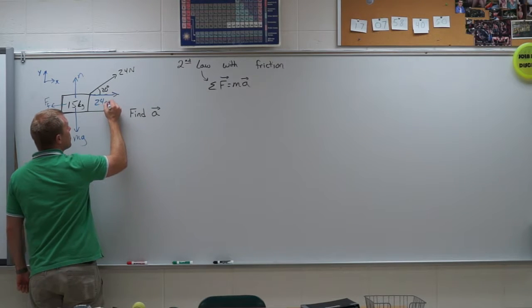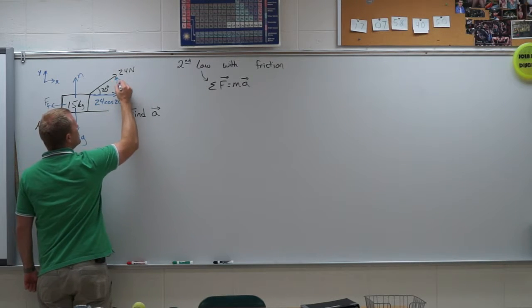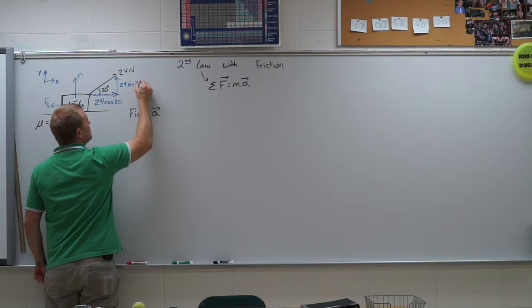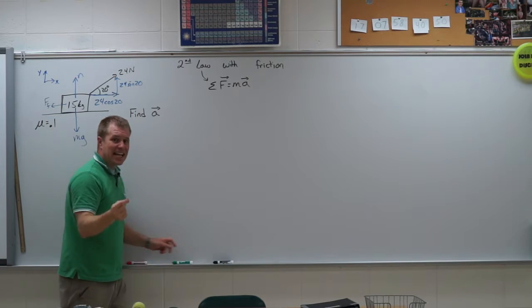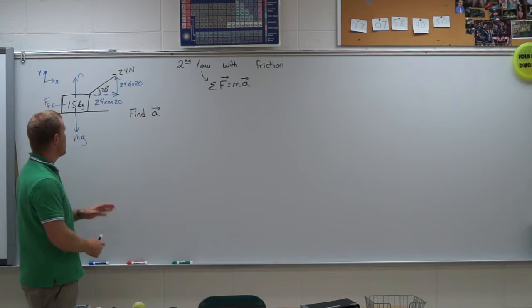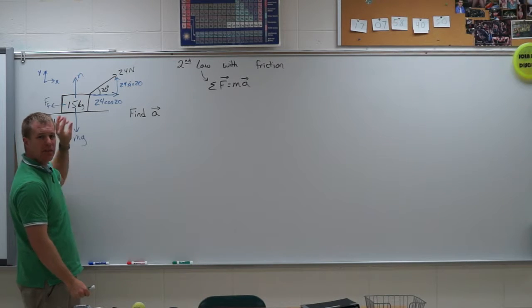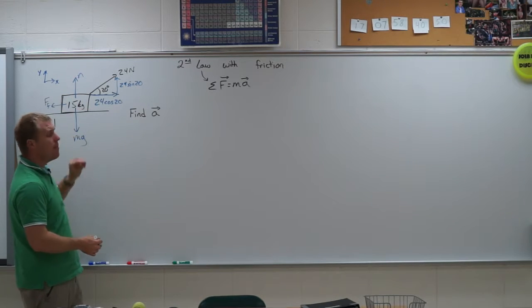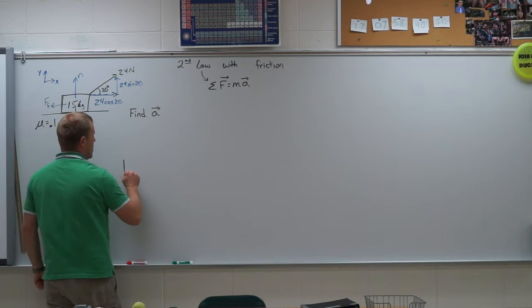So I have 24 cosine of 20 and 24 sine of 20. My next step, and again, you don't have to do this one, is I'm going to redraw this free body diagram, but this time just include those blue arrows. All right, so here we go.